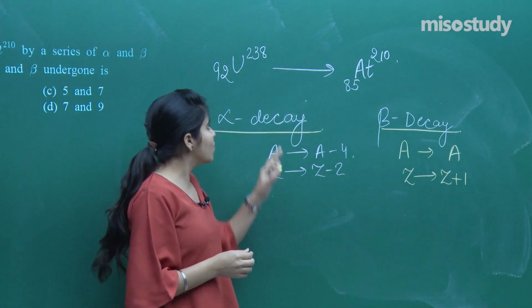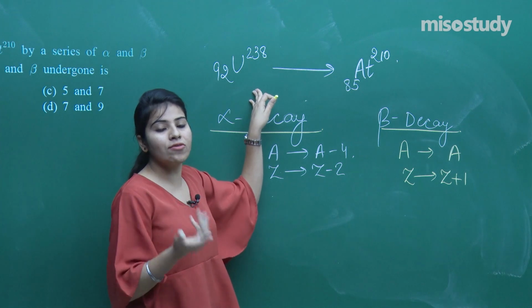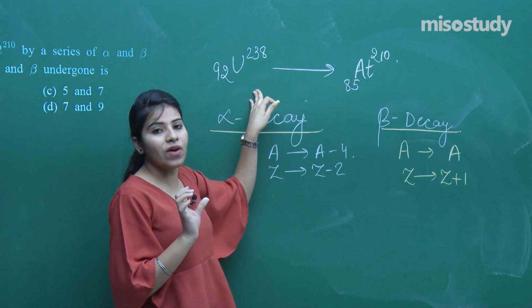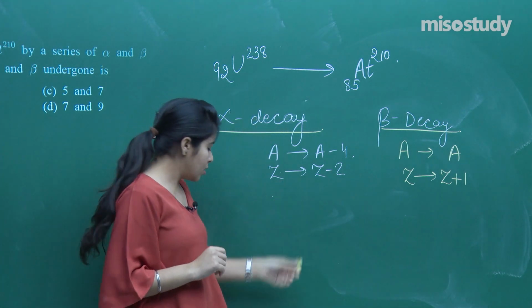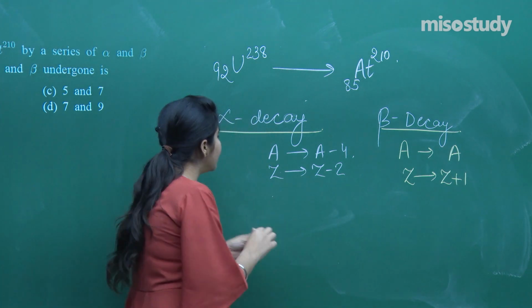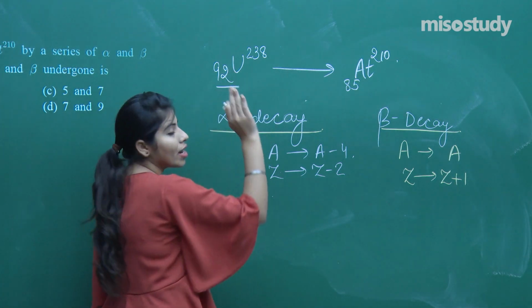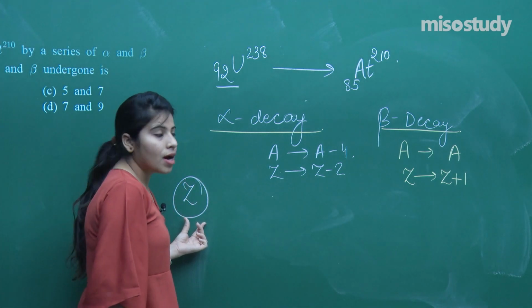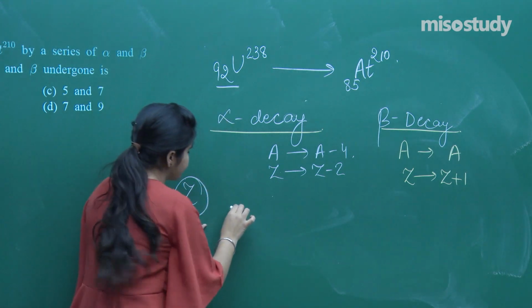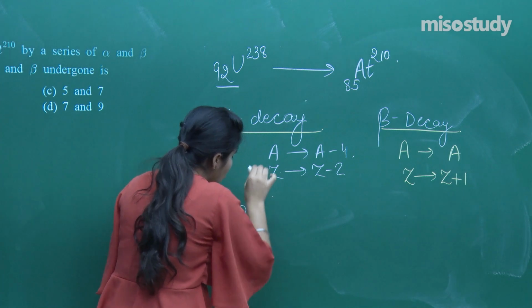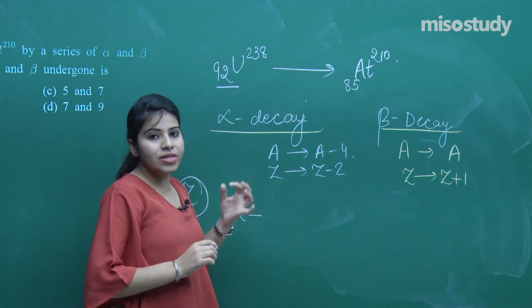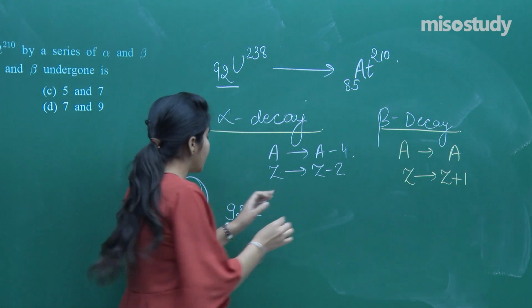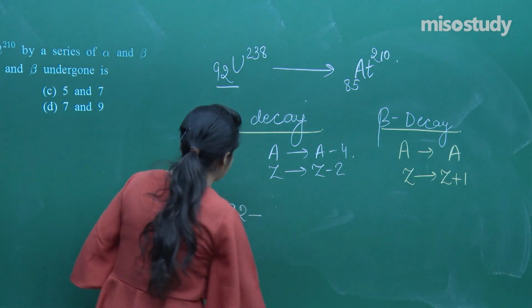This is the case of beta decay. Now in the question we have been given only this, and we have to tell how many alpha and beta decays would be happening. Let us first suppose that the number of alpha decays equals x, and the number of beta decays equals y.